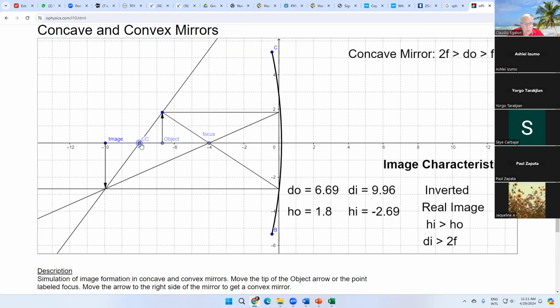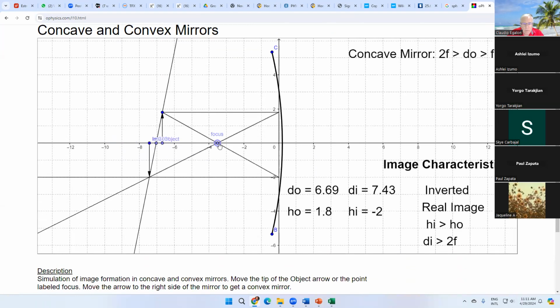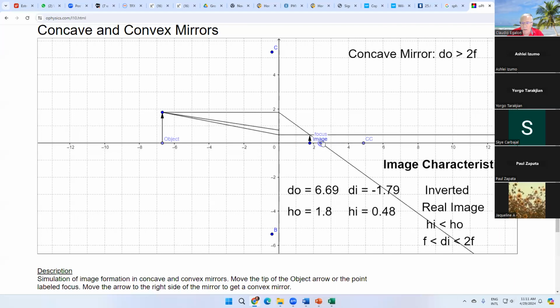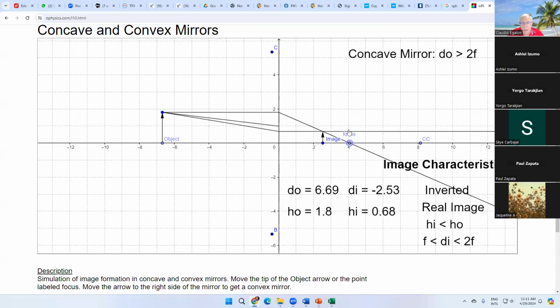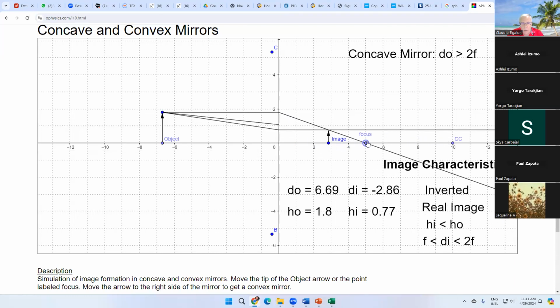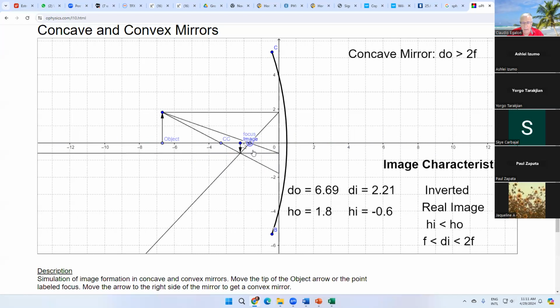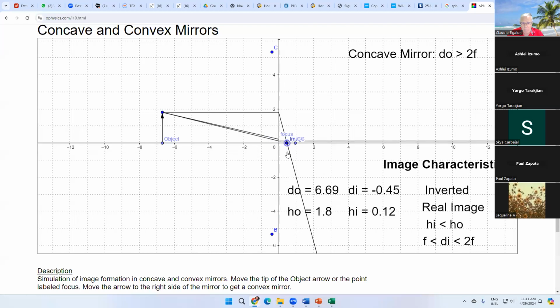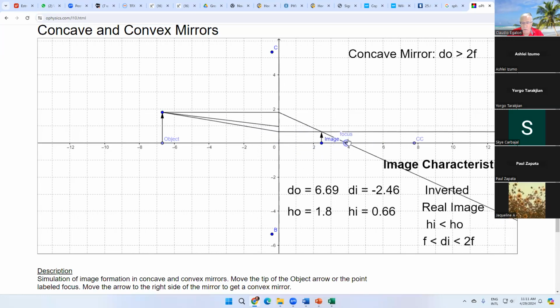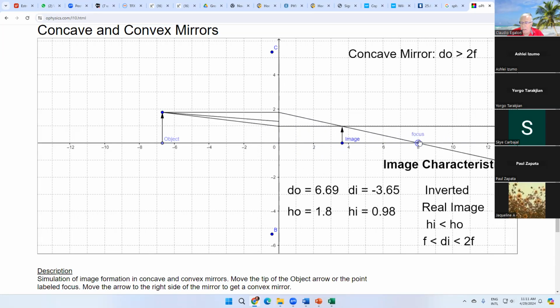Oh, what a shame. The focal point. Oh, yeah, the focal point. They didn't come up with the surface of the mirror, unfortunately. See, just by adjusting the focal point, they have the concave mirror, but they don't show the convex mirror for some reason.